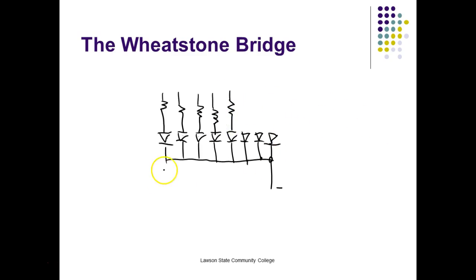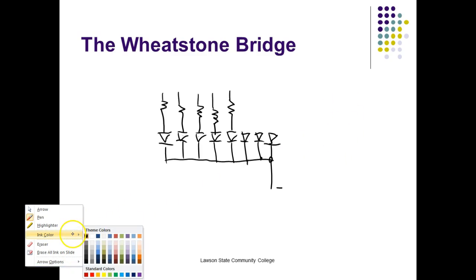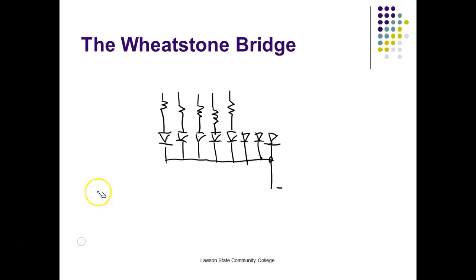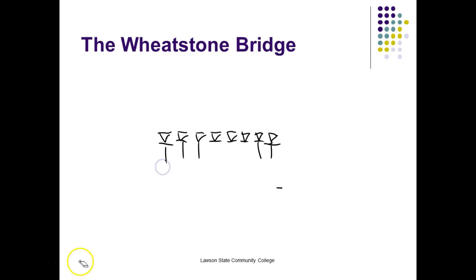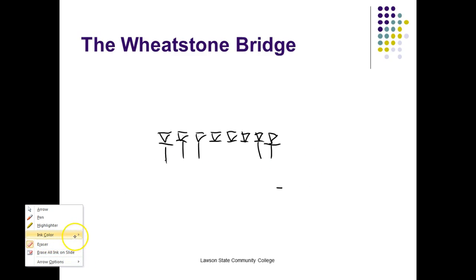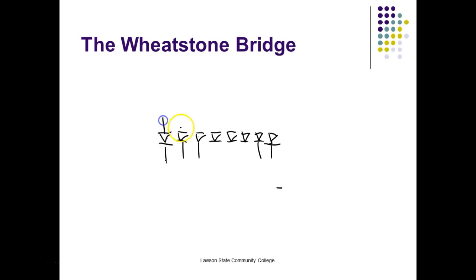Now, for a common anode, we would do exactly the same thing, except I'll make it a little easier. I'm going to leave all my diodes there. Then I'll come up here and take this side and make this common. And then I would come out with at least 1 pin, right?